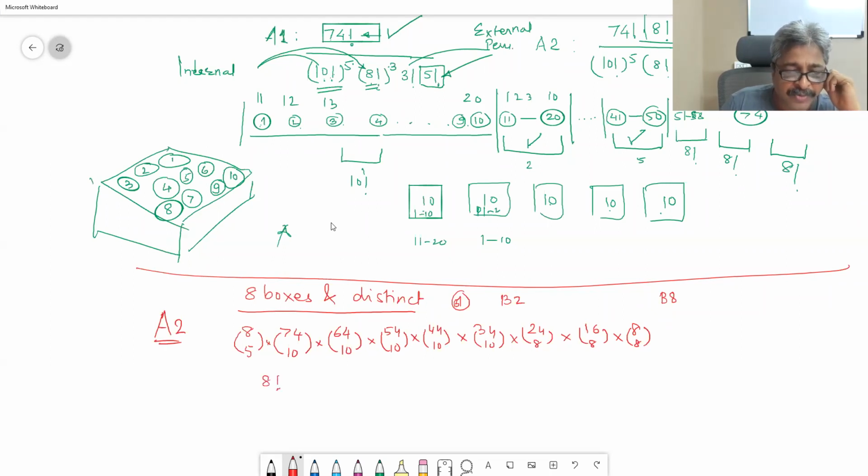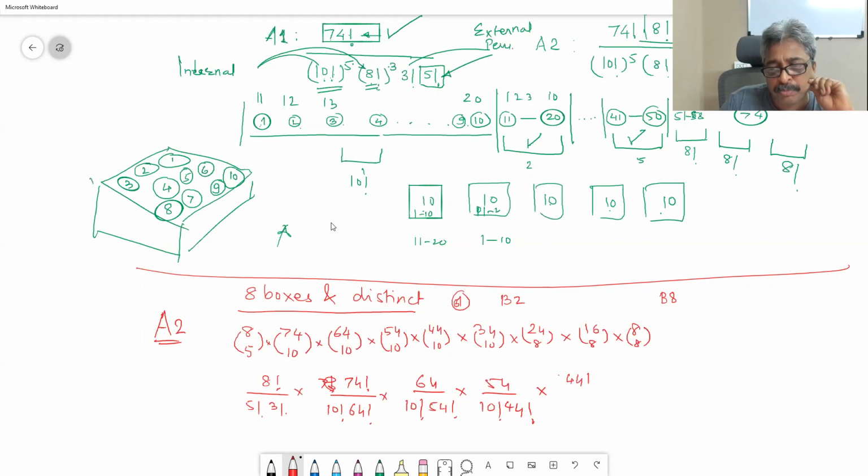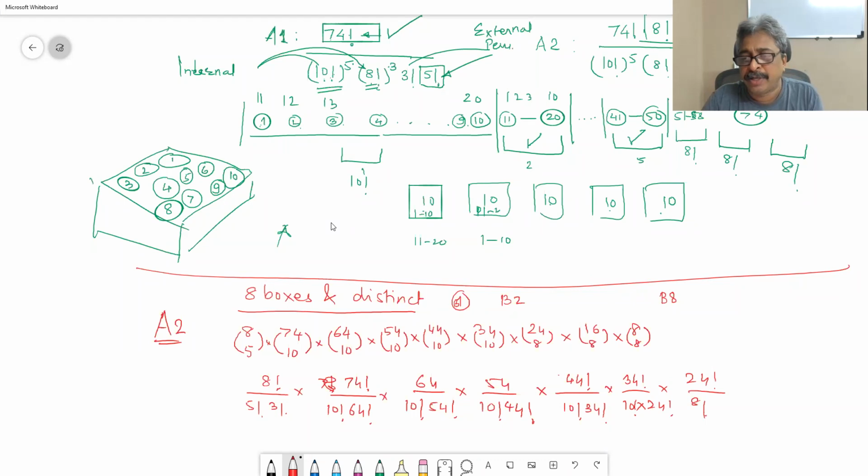So what is this answer? 8 factorial upon 5 factorial into 3 factorial, into 74 factorial upon 10 factorial into 64 factorial, into 64 factorial upon 10 factorial into 54 factorial, into 54 factorial upon 10 factorial into 44 factorial, into 44 factorial upon 10 factorial into 34 factorial, into 34 factorial upon 10 factorial into 24 factorial, into 24 factorial upon 8 factorial into 16 factorial, into 16 factorial upon 8 factorial into 8 factorial into 1. Right? So now let us see who all gets cancelled out.